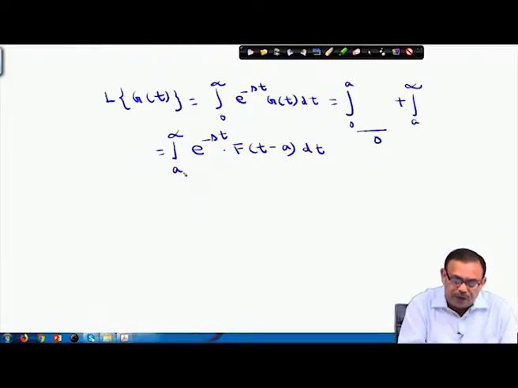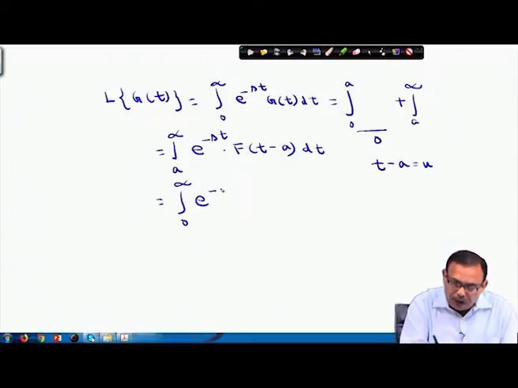So we are getting this integral from a to infinity of e to the power minus s t into f(t minus a). Now, if we substitute t minus a equals u, the lower limit at t equals a becomes u equals 0, and the upper limit becomes infinity. We get e to the power minus s into (u plus a) into f(u) du.